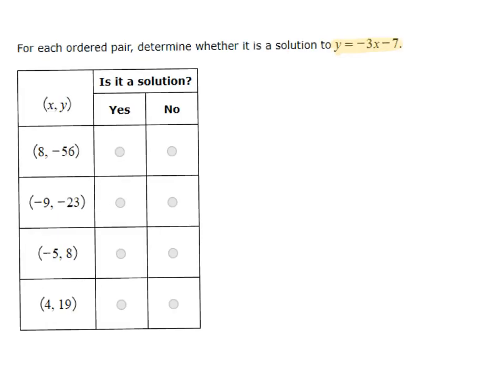For each ordered pair, determine whether it is a solution to y equals -3x minus 7. For this one, you need to plug in your x and y values. All right, so in this case, y is -56 and x is 8.